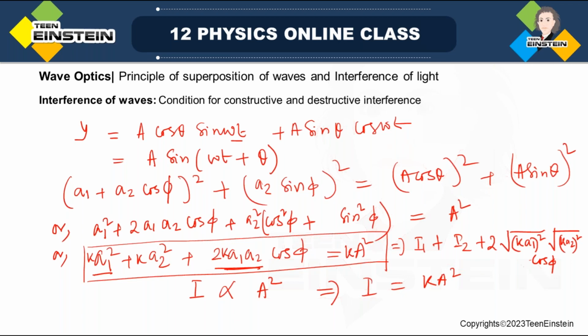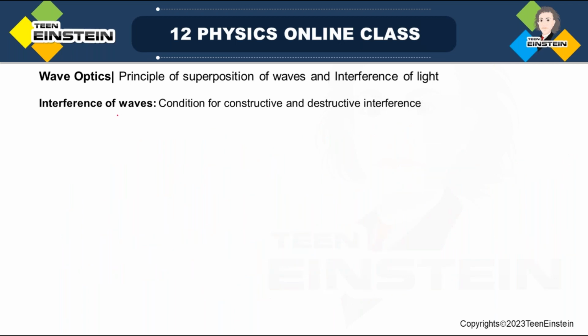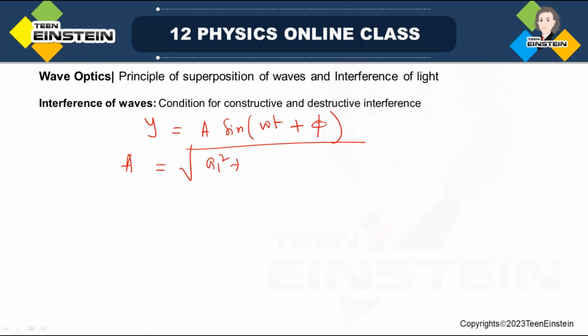Let us rewrite everything we have got here. I have got the equation as a sine of omega t plus phi. This is the resultant wave, where a we had got as square root of a1 square plus a2 square plus 2 a1 a2 cos phi.